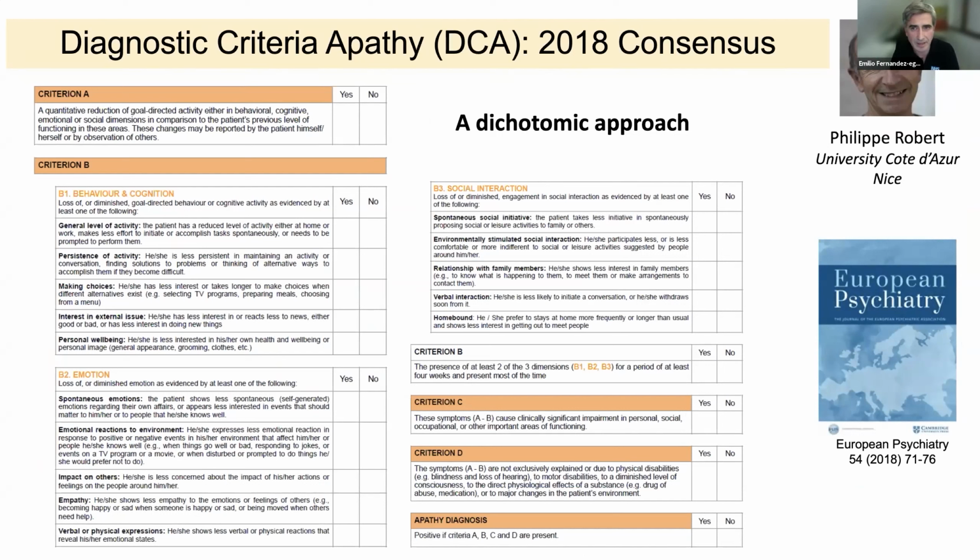And he has developed this consensus with another 100 psychiatrists and neurologists in Europe about how we can measure apathy as a dichotomic approach, whether someone has apathy or not, dividing it into three main components: the behavioral, the emotional, and the social interaction. And he was interested in checking what is the prevalence of apathy in people with schizophrenia using this criteria.